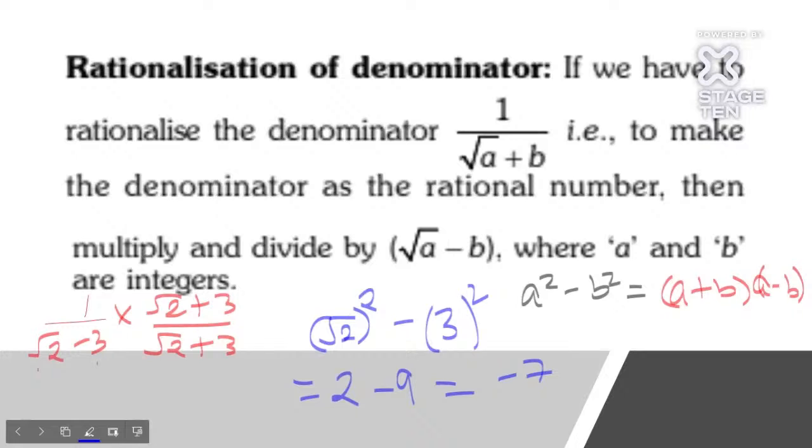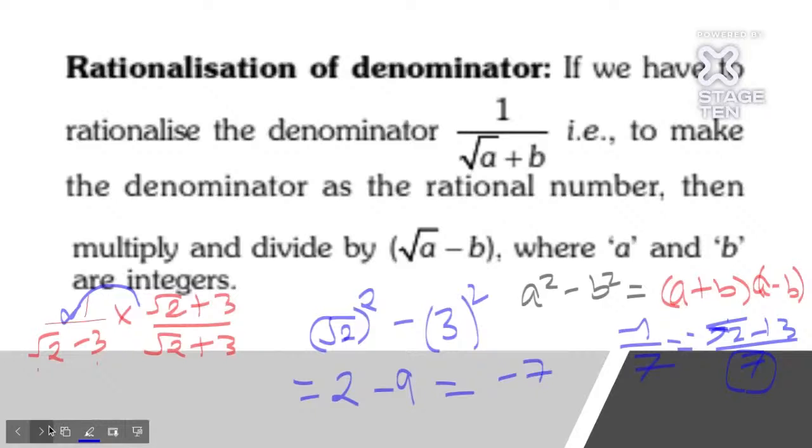So in the denominator I get minus 7. I have to multiply this with the numerator also. So I'll get the answer as root 2 plus 3 by 7 minus root 2 by 3 by 7. So what happens? I have rationalized the denominator. It becomes a rational number.